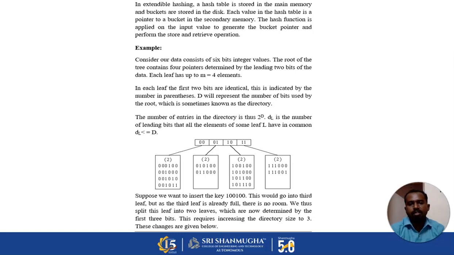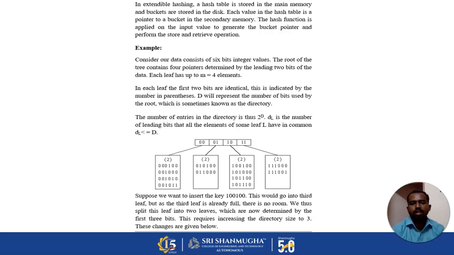The number of entries in the directory is thus 2 to the power D. d sub L is the number of leading bits that all elements of some leaf L have in common. They are less than or equal to D.